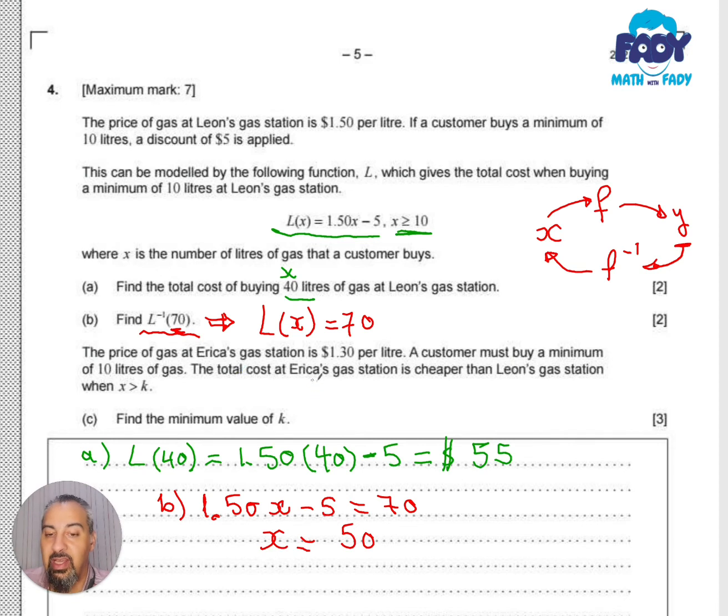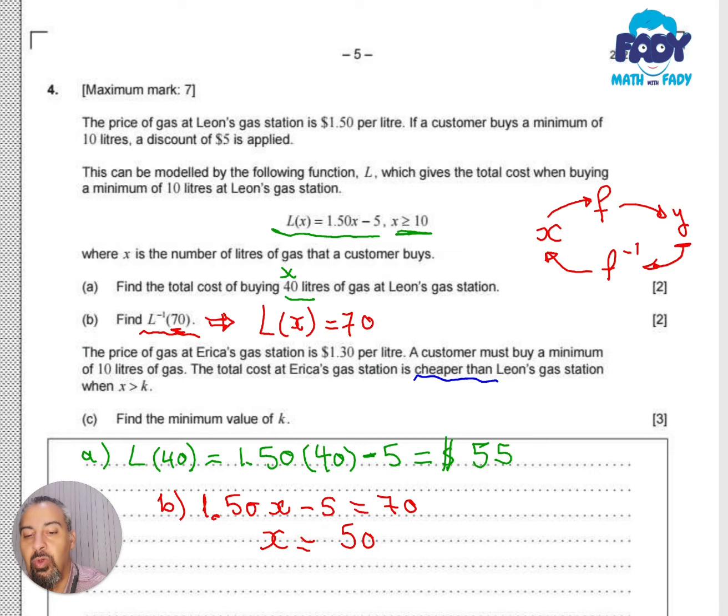The total cost at Erica's gas station is cheaper than Lane's gas station when x is more than k, a specific number. Find the minimum value of k.